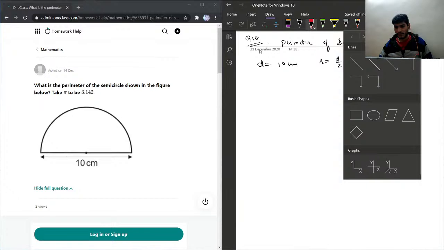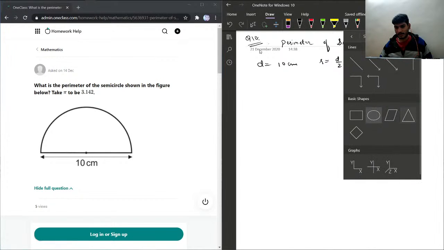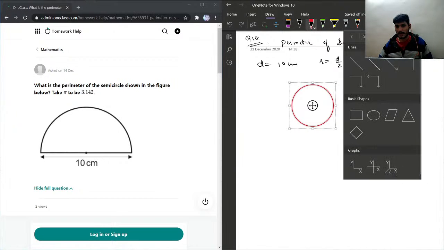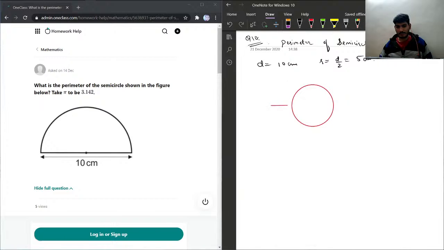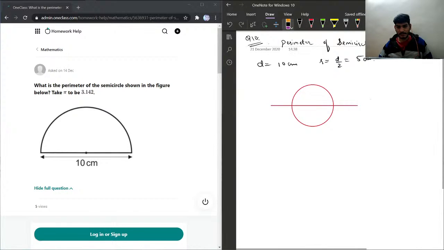Now I will draw one circle. If I draw a circle here, and if I draw one line, and if I go for erasing a little bit from here.